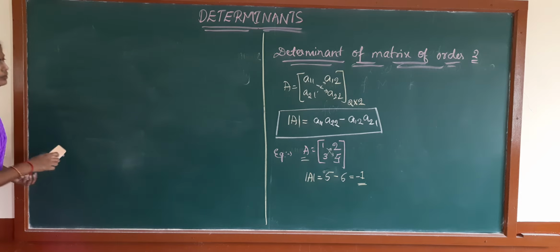Similarly in this plus, -1 raised to 1 plus 3 becomes -1 raised to 4. It will become -1 into -1, so we get +1. Therefore it will become a plus A13 into determinant A21, A22, A31, A32.